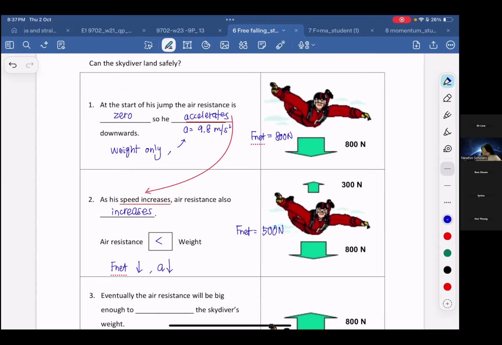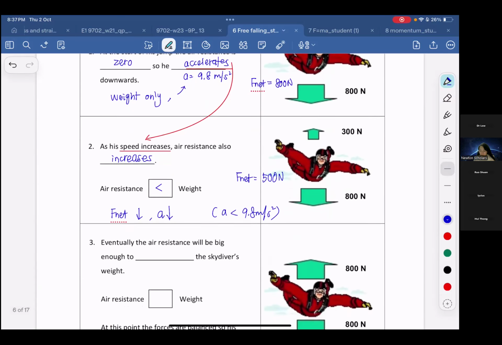I just simply give some value, it might be like 5 or 4. It is less than 9.8 already. But you still accelerate, you see here. That means your speed is still increasing, but at a slower rate only.